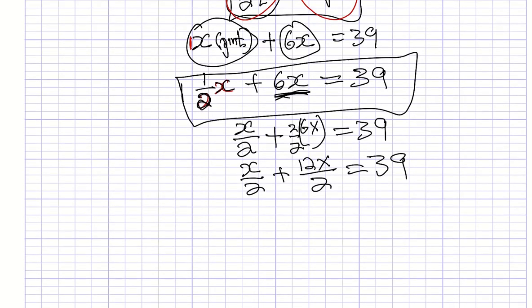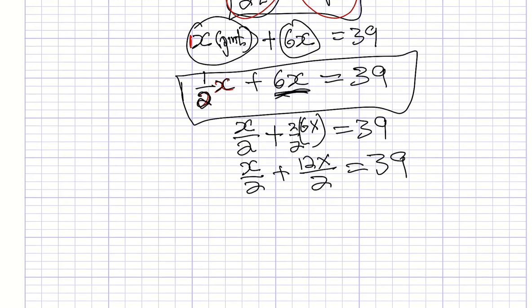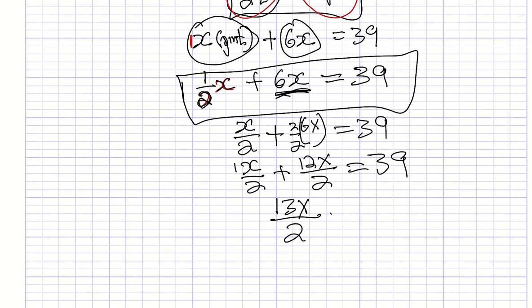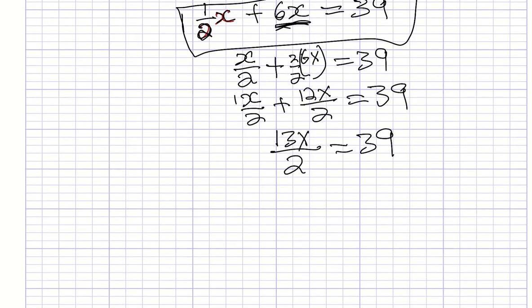So we'll combine the left side. We'll have 13x, because that's 1x there. 13x over 2 equals 39. You see that, right? So you can say 39 over 1. You cross multiply, you get 13x equals 39 times 2.